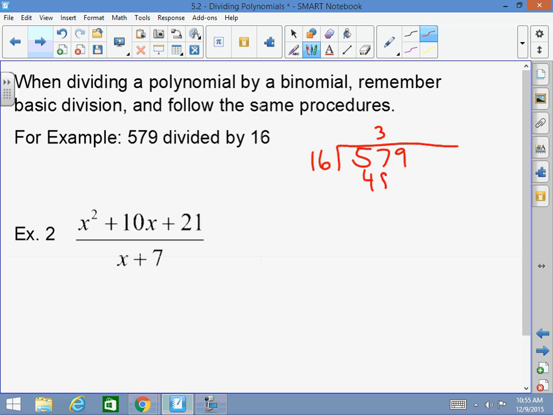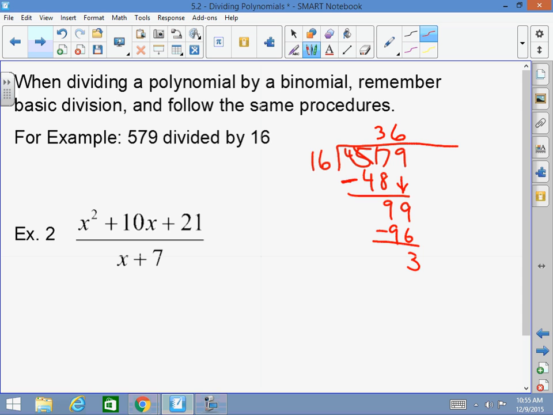See how I subtracted the product, right? I subtracted 3 times 16 from 57, right? Drop down the 9. Borrow, that's a 9. How many times does 16 go into 99? 6 would be 96, correct? So this goes 6 times. That's 96.